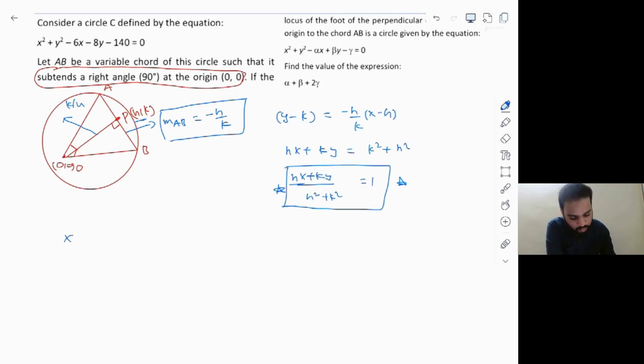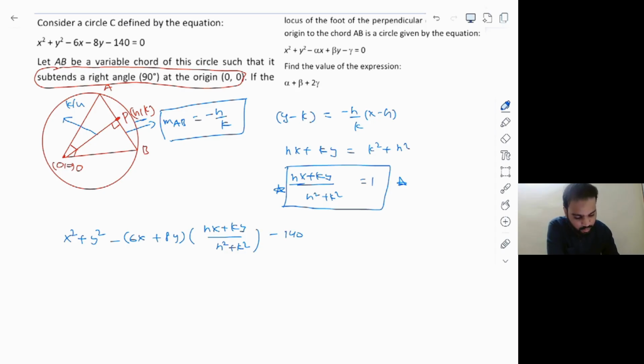We should not change anything about the second degree terms, but the first degree terms you have to multiply by 1, and that 1 should be replaced by hx plus ky divided by h square plus k square. So directly I have taken that minus common, minus of 6x plus 8y, and for the first degree terms into 1. That is why hx plus ky divided by h square plus k square.